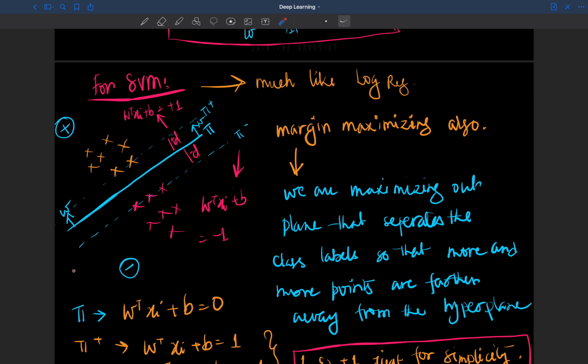We're trying to make a fine gap between both the borders, and that is called the no man's land. The distance between pi plus and pi minus is the no man's land, to better demarcate, or to better indicate that here is our positive class and here is our negative class.